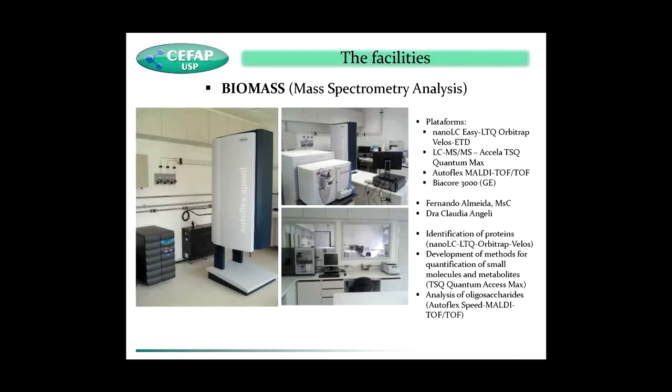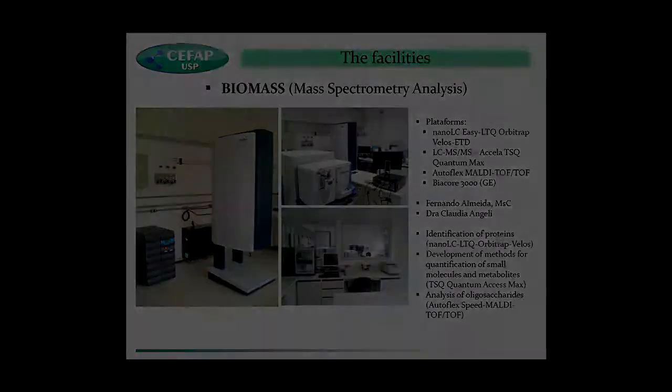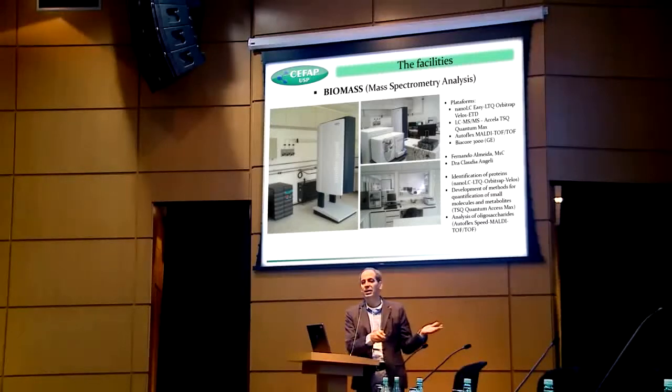So the third core facility is our biomass facility. It's run by Fernando Almeida, he's here too, and Claudio Angeli. This is the most complex one. We have 4 different machines: a multi-off-off, an Orbitrap, an LC MS3 quadrupole, and also a BioCore, and we can run different kinds of experiments, from single protein analysis to whole proteomic assays, to quantification of small molecules.